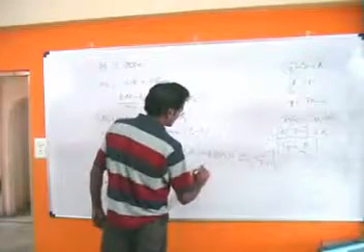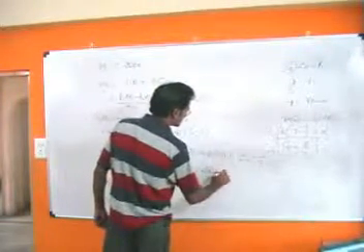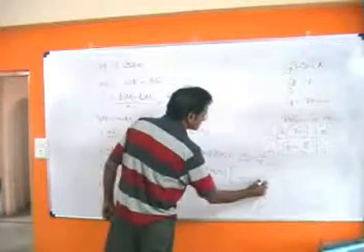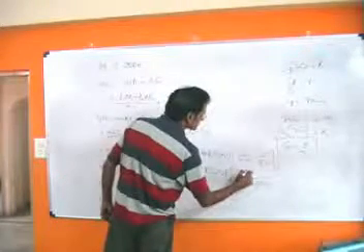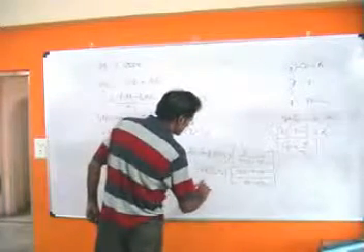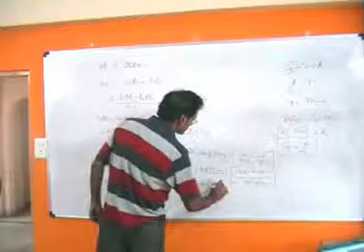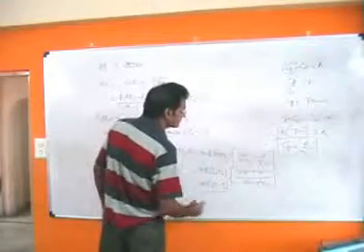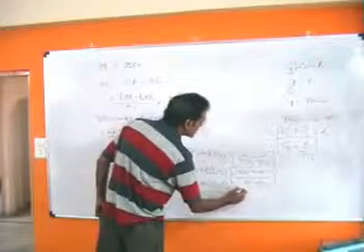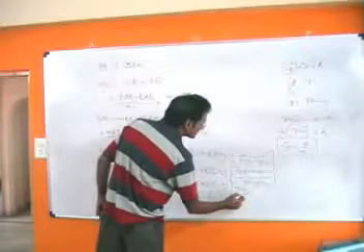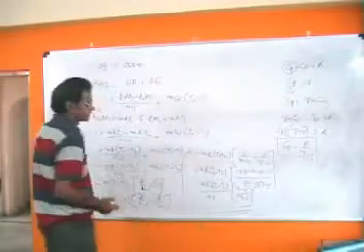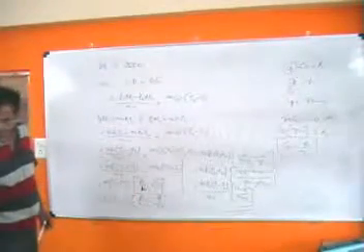If we simplify this further, we take the LCM of (n minus 1) into (gamma minus 1). We get (gamma minus 1) here minus (n minus 1) there. So the 1 gets cancelled. We are left with mR into (T1 minus T2) by (n minus 1), and inside we have (gamma minus n) by (gamma minus 1). This is the formula for heat supplied in a polytropic process.